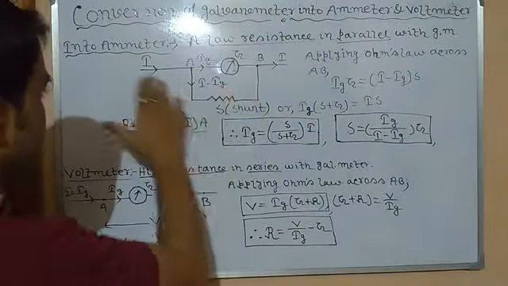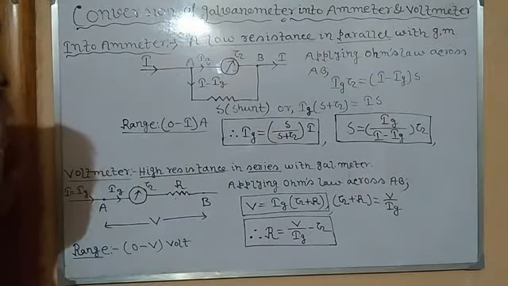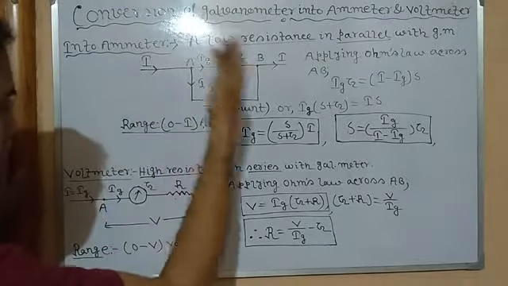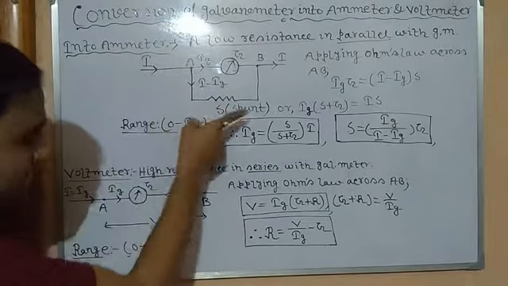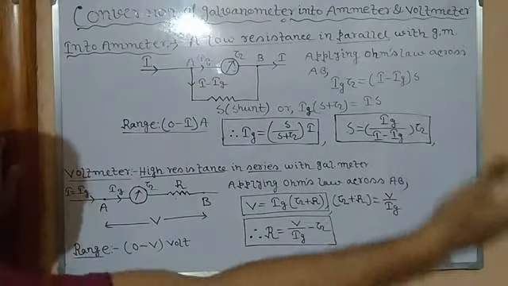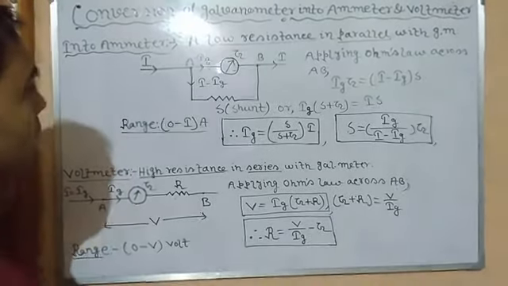What happens in this case? Only a very small amount of current passes through the galvanometer, and the rest, a major portion of the current, takes a U-turn and the bypass, just like a bus. Suppose a bus is moving and after traveling some distance it faces a traffic jam or a bridge collapse.